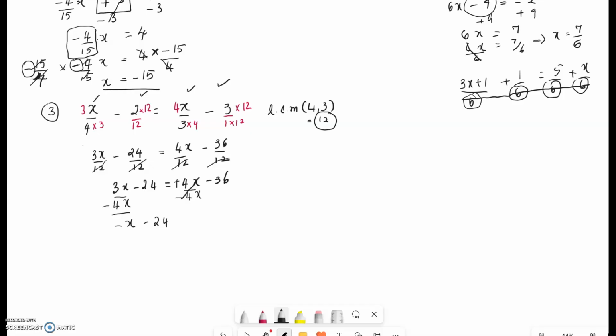Positive 4x and negative 4x cancel each other out, so you have negative 36. Now I add 24 on both sides. Adding 24 on both sides, I get a negative x equals a negative 36 plus 24, which is negative 12.